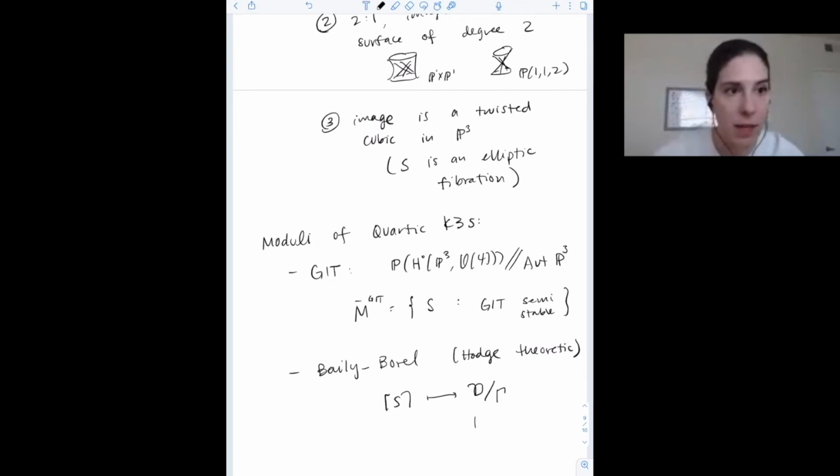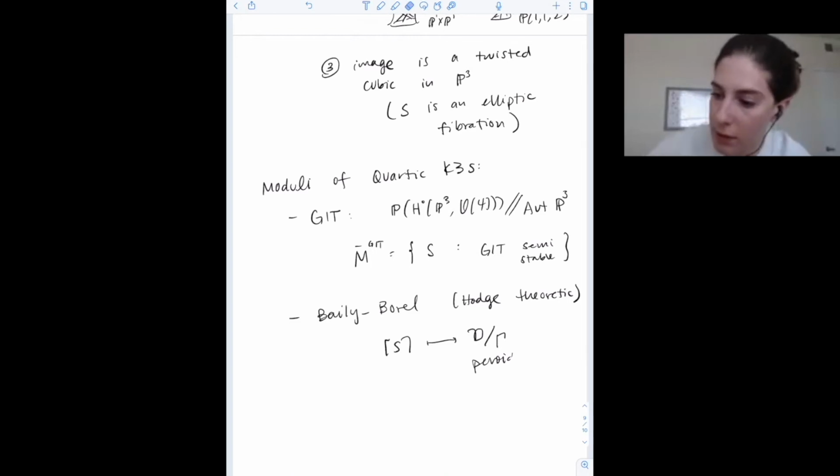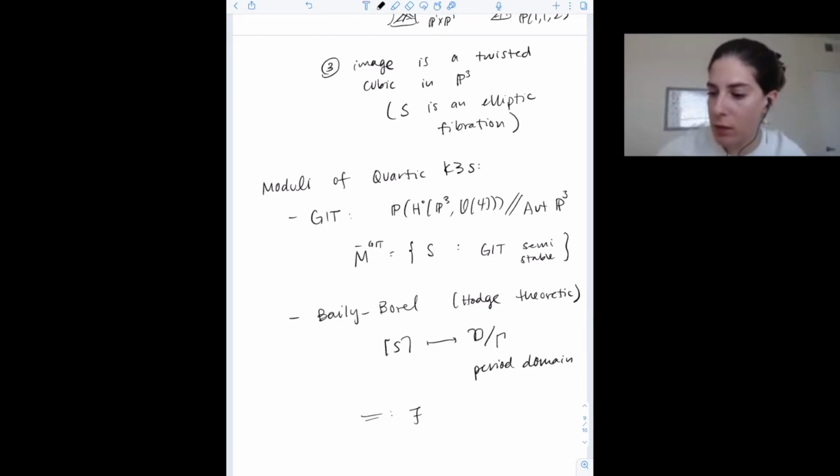Maybe I'll call it D mod gamma or something. And we get a compactification, which we'll call, again, F star.